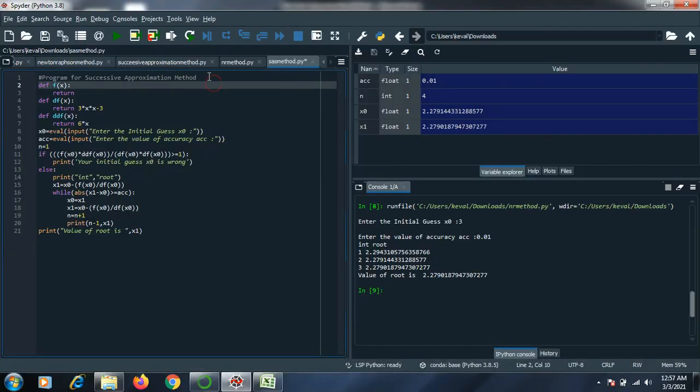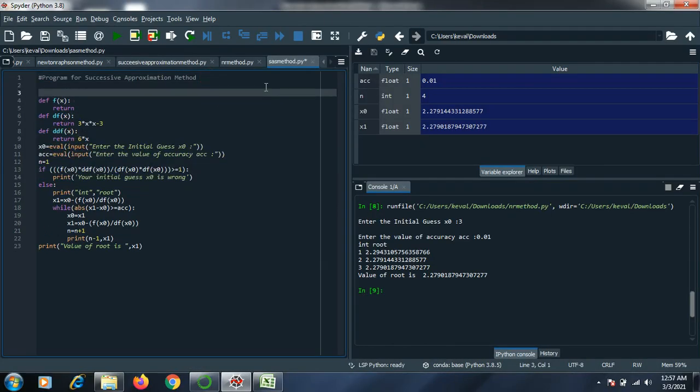Now we need to add one more thing, that is, import the math library, in such a way that we can use the exponential term from that library.